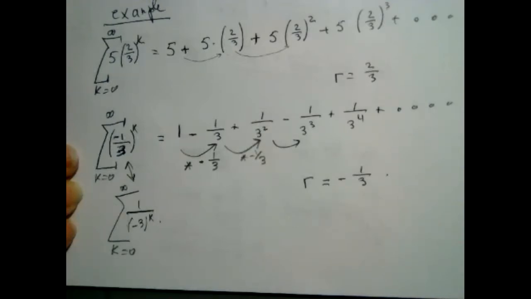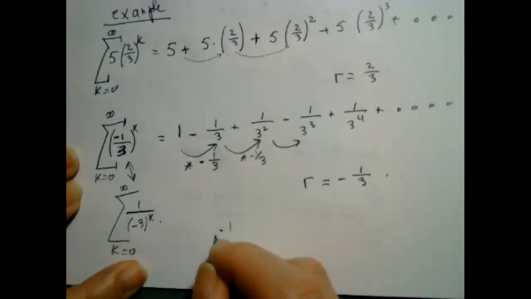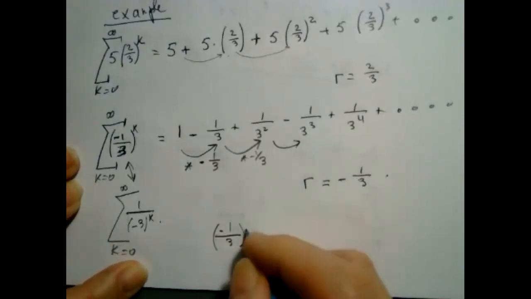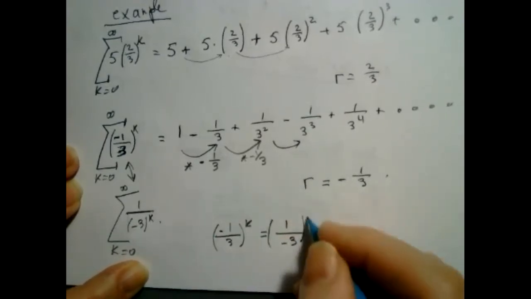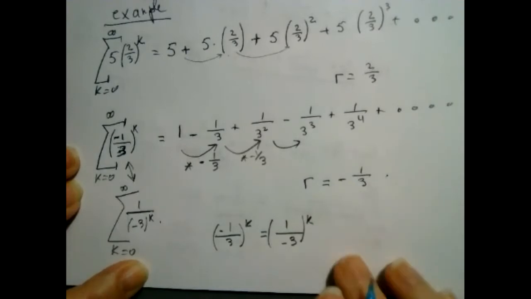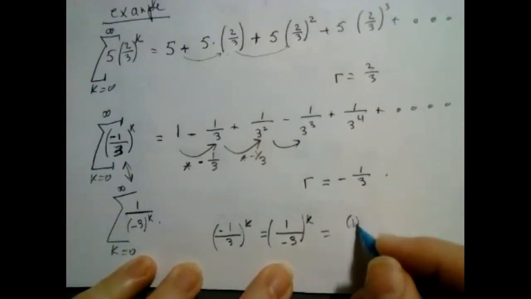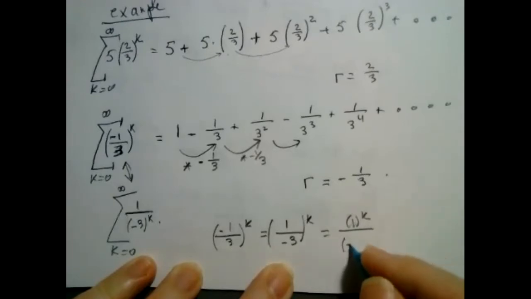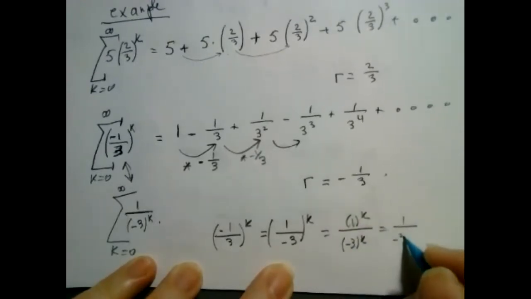Those are verbatim the same, because 1 over (-3) to the power k is 1 to the k over (-3) to the k, which is basically what you wrote.